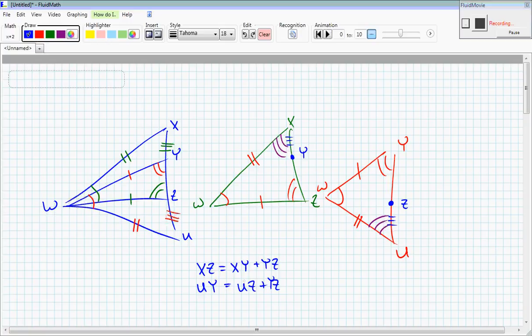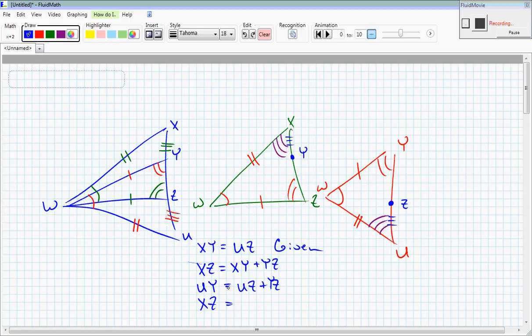These parts right here, if we know that these are congruent, we can prove that XZ is equal in length or congruent to line segment UY. That part, if it has been given right here, XY equal to UZ, then by segment addition we can state that XZ is equal to this sum and UY is equal to this sum.